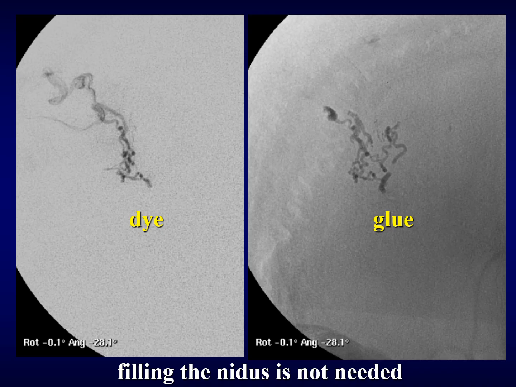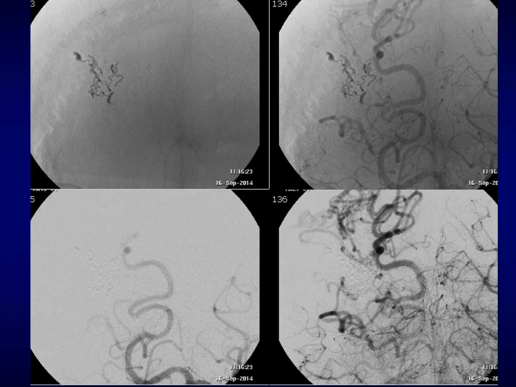So what we do is to get there with a small catheter, and here you can see the injection of contrast medium on the left and the injection of glue on the right. In this way we achieve a result which we believe is more helpful for surgery rather than just injecting material into the nidus itself.